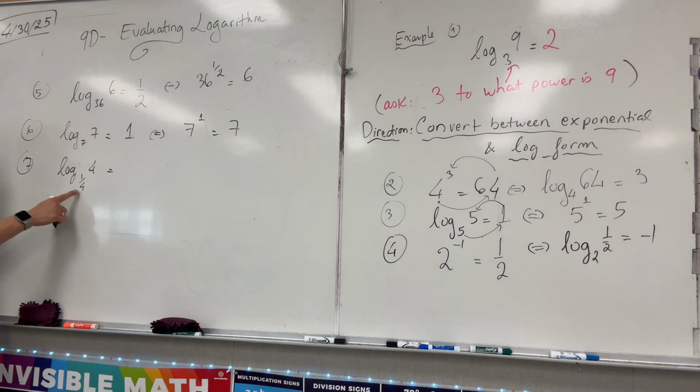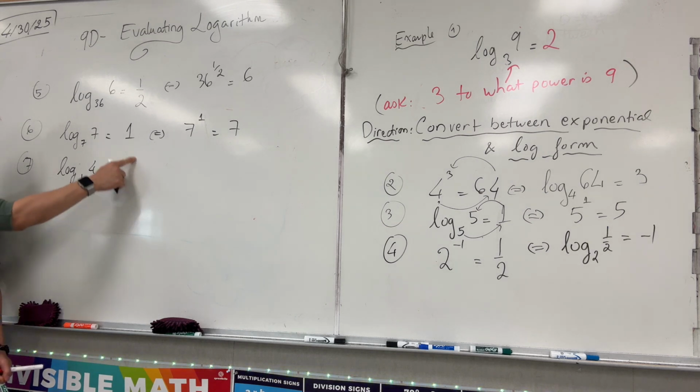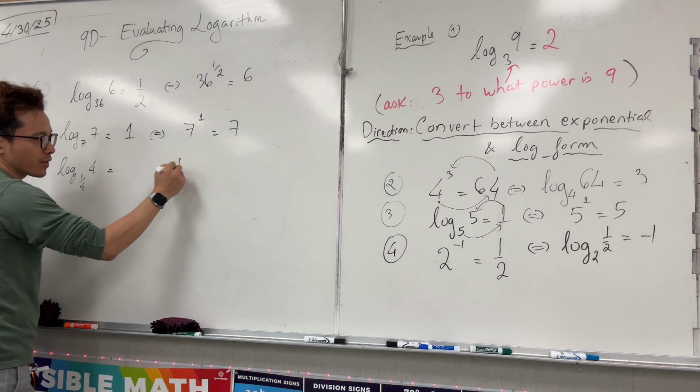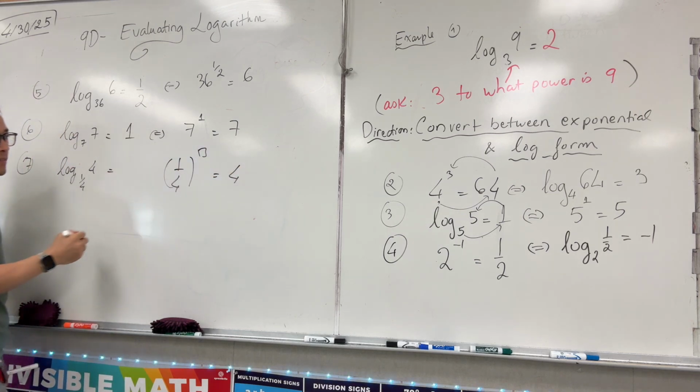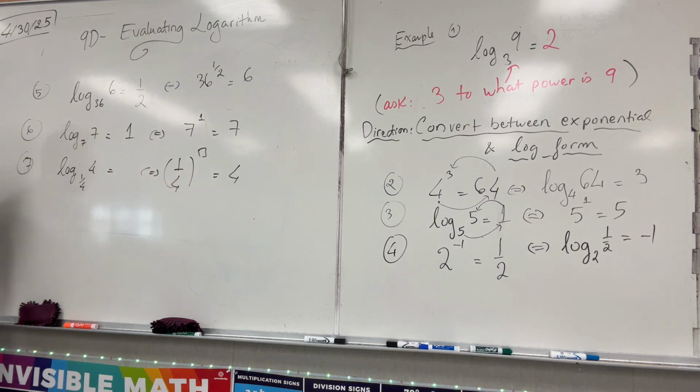So you're gonna ask yourself, 1/4 to what power is 4? 1/4 to the power of 4 is 4? 1/4 to the power of 16 is 4? 1/4 to what power is 4?